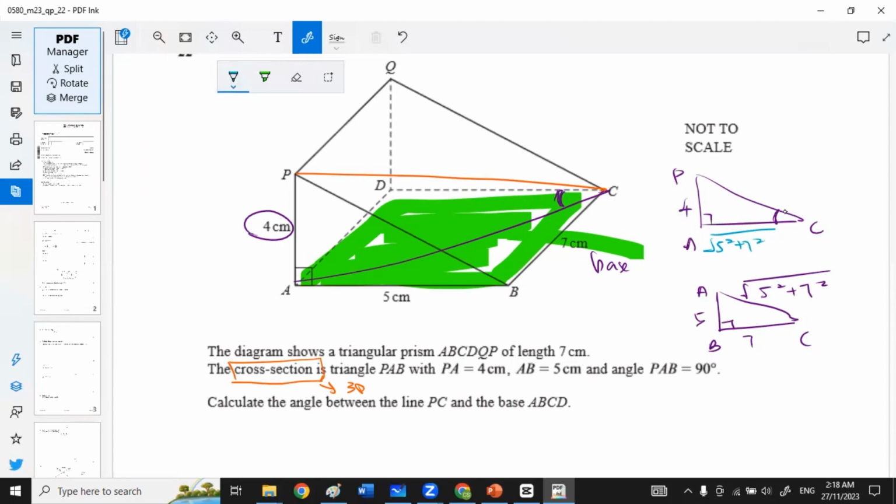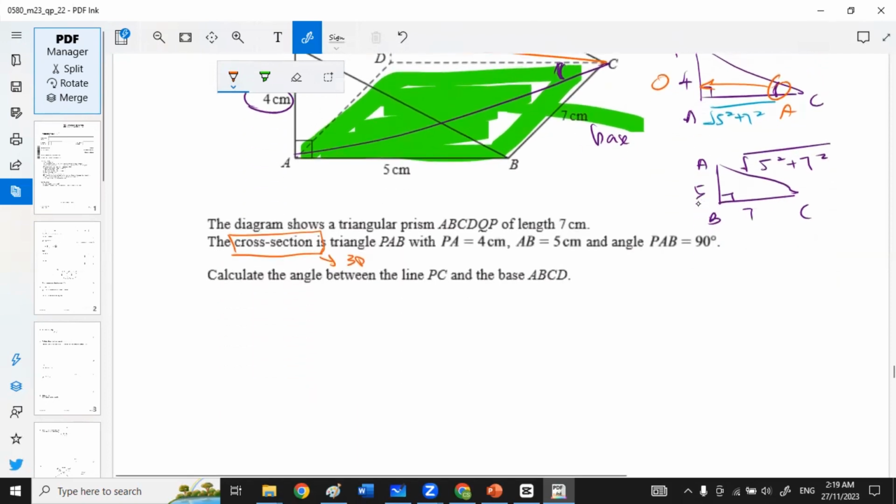Right angle, find the angle, therefore you will use trigonometry SOHCAHTOA. This is opposite, this is adjacent, therefore it's tangent. Okay, so tangent of angle C should equal opposite over adjacent.